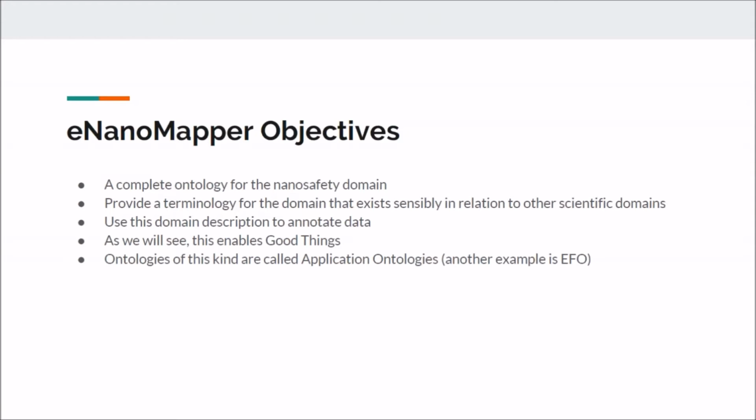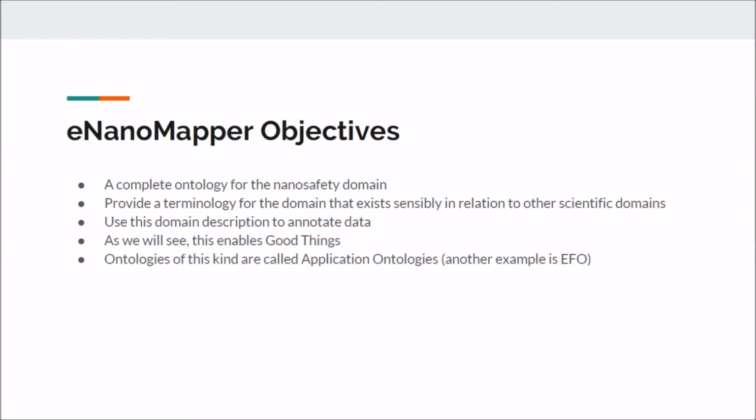What eNanoMapper attempts to achieve, as we talked about previously: each ontology tries to cover a particular domain of interest. Our domain of interest is nanosafety, or facilitating the description of toxicological descriptions within nanomaterials. We also want to describe this domain in a sensible way in relationship to other well-characterized domains in science, like descriptions of chemicals or information.